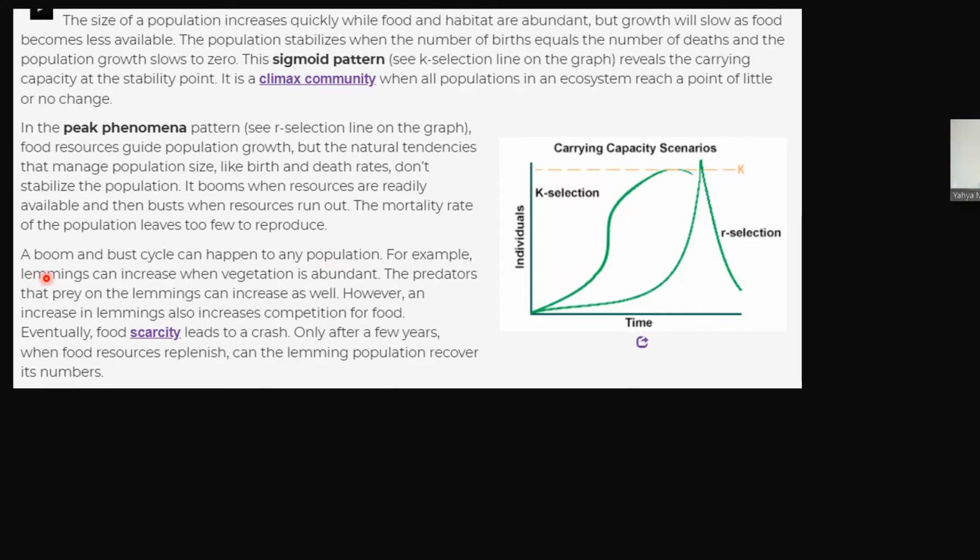For example, lemmings. Usually small creatures like lemmings and rabbits are typically the examples given. Lemmings can increase when vegetation is abundant. The predators can increase as well because there's more lemmings now. However, when there's a whole bunch of lemmings, all of a sudden there's competition for food, there's food scarcity, and the population crashes back down.